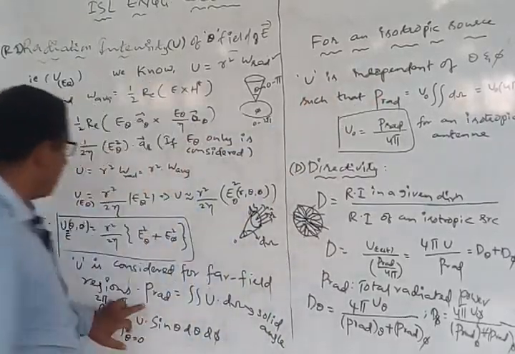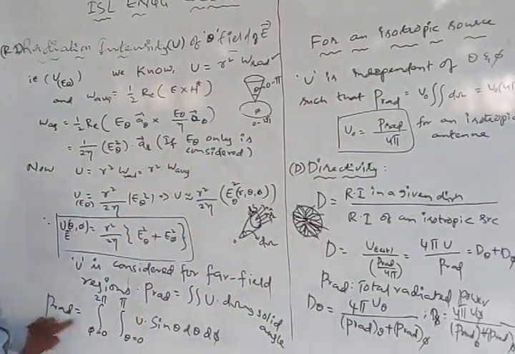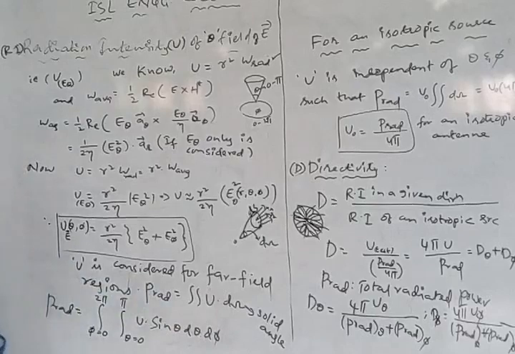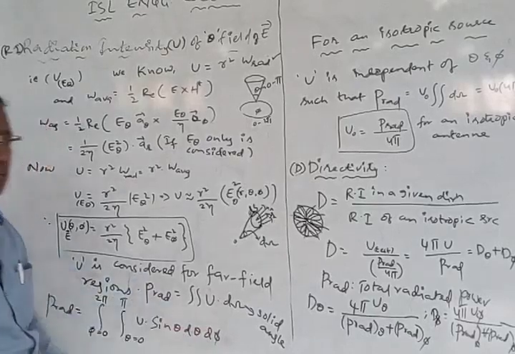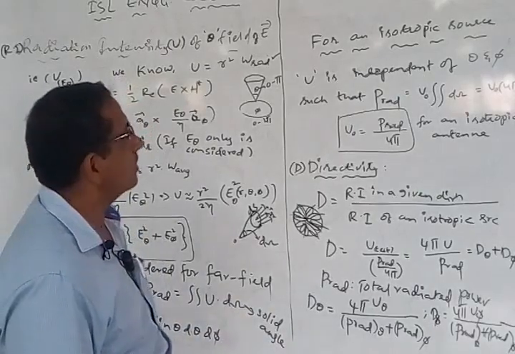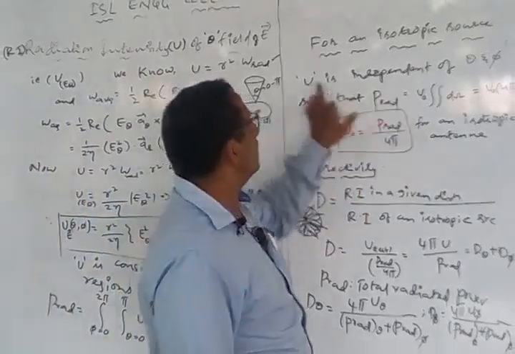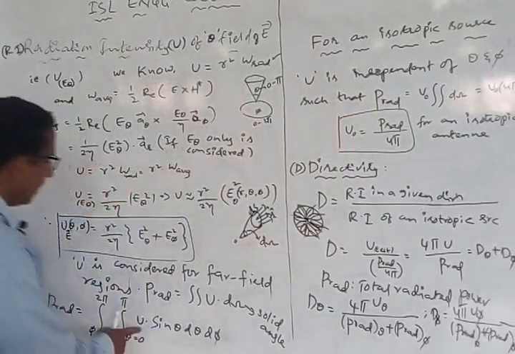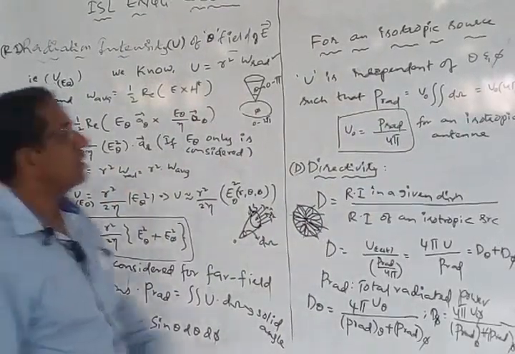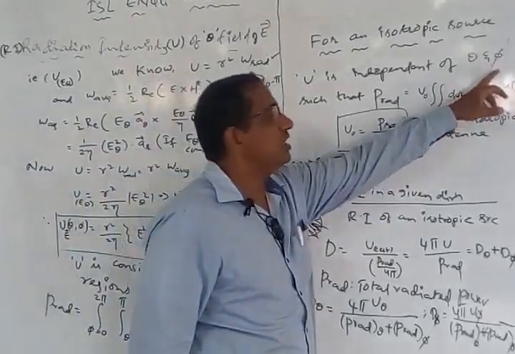Now in this equation, we already have P radiation equal to double integration of u dot d omega. What is d omega? Sin theta d theta d phi. Just now in the previous class we got this equation. Now by substituting this, u is independent, so I will take this u outside, because the dependent ones are only theta and phi.